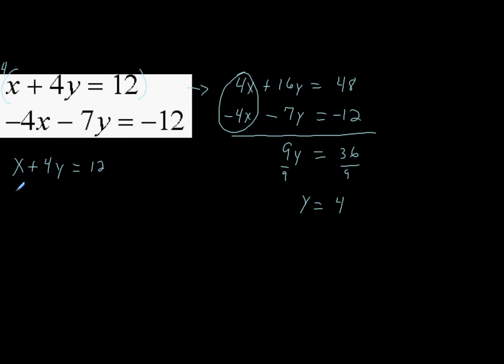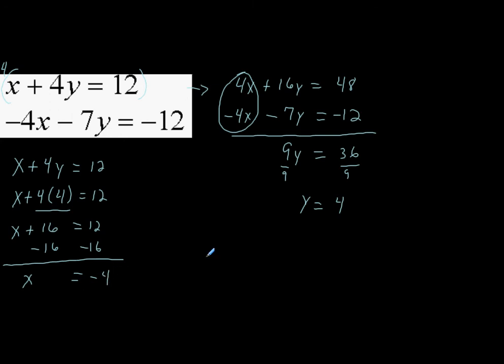Doesn't matter. x plus 4, parentheses, and put 4 in the place of y, equals 12. Okay, 4 times 4 is 16, so then x plus 16 is equal to 12. Minus 16 on both sides leaves us with x then is equal to a negative 4. Okay, so we have negative 4 comma 4.